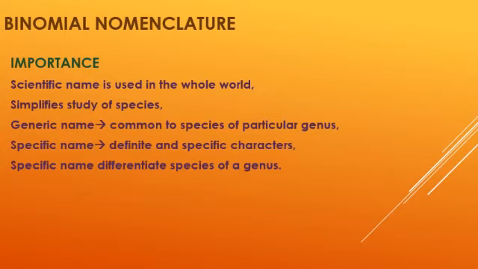However, the species name is different due to their different specific characters. That's why the species name is also called a specific name. The specific name differentiates the individuals of a particular genus from one another.